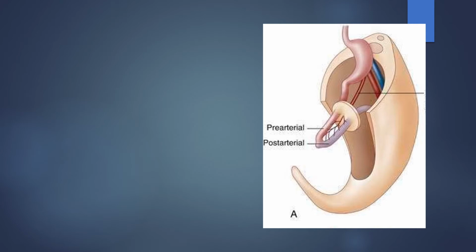So from the 5th to 10th week, it is called a physiological umbilical hernia. All the abdominal contents will be present outside the abdominal cavity because of the already overcrowded liver and other organs. So that is called a physiological umbilical hernia.